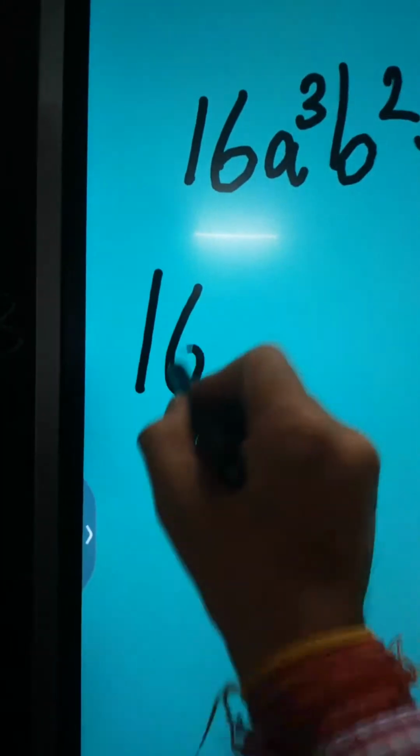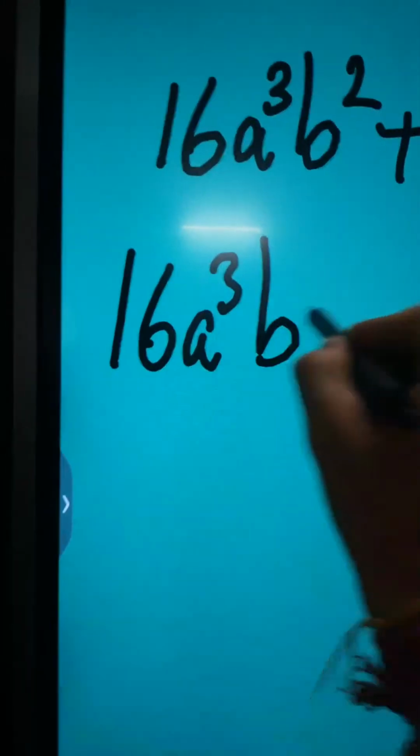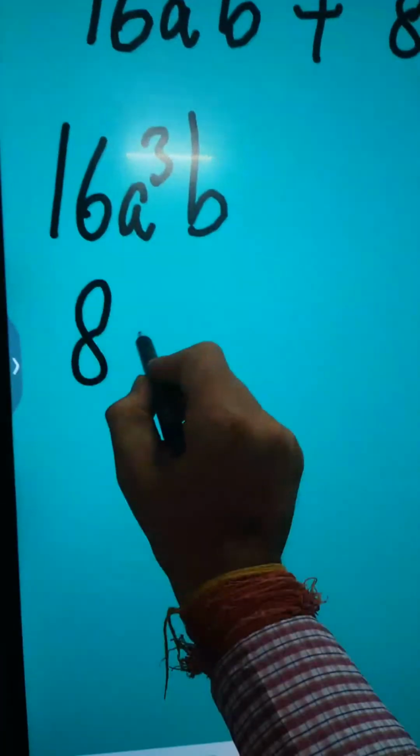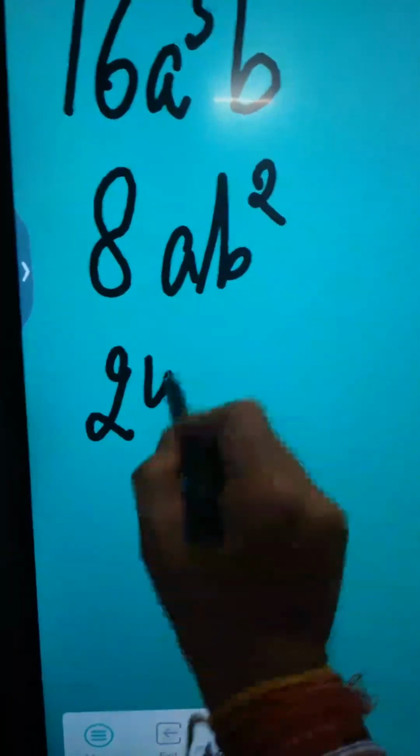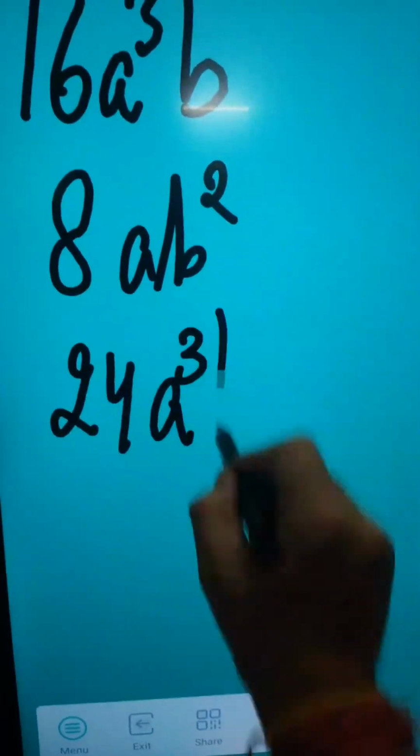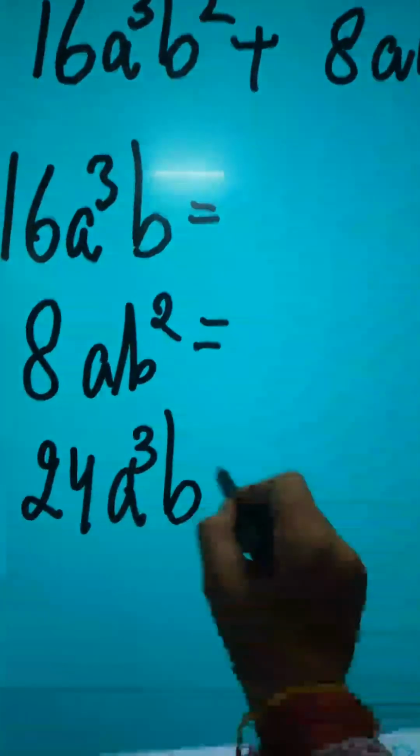This method is the basis of all, so I am quickly writing it again to make sure you understand. 24a cube b. Now I have written all three terms.